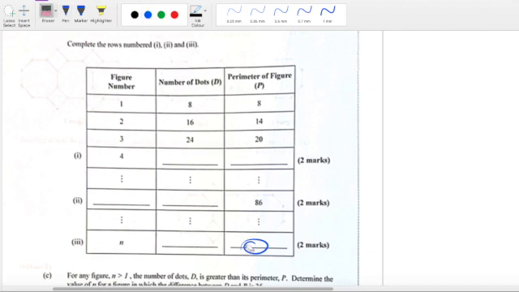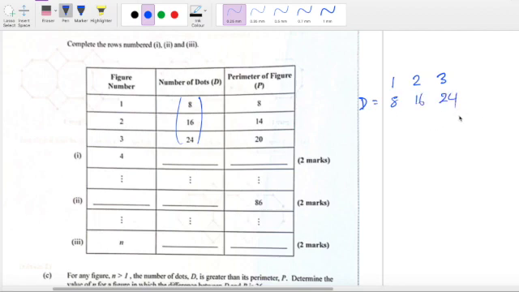So we're going to find the nth value first. Here's how I'm going to do it. I will put the figure numbers 1, 2, and 3, and I'll use the numbers that I have. So this is for D, the number of dots. We have 8, 16, and 24.